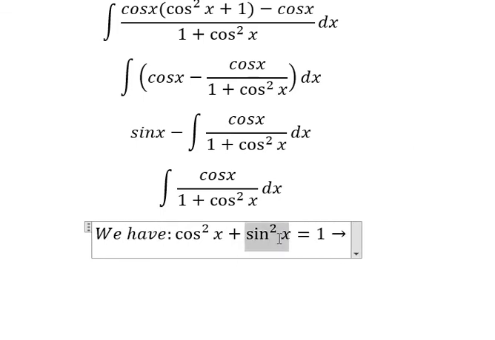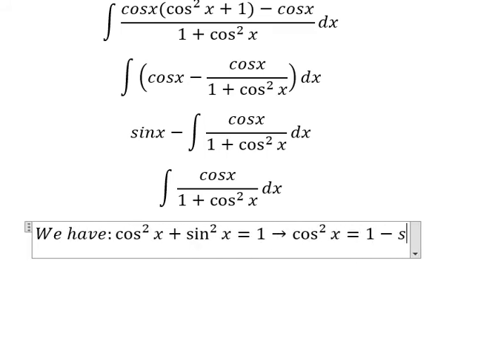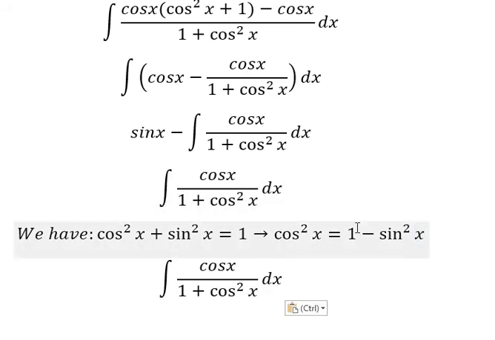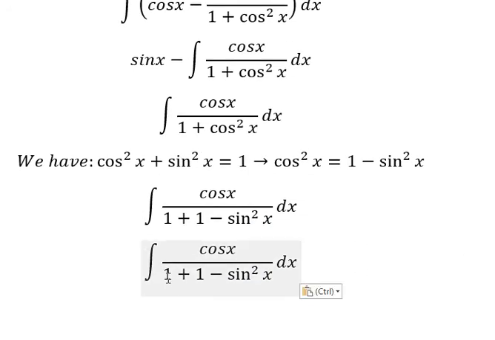Now we move sine x squared to the right, and we have 1 minus sine x squared. So I will put this one in here. 1 plus 1 is number 2.